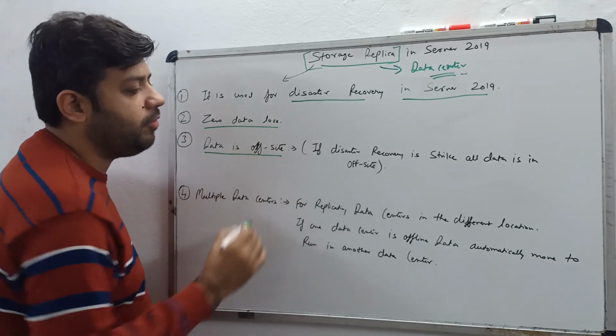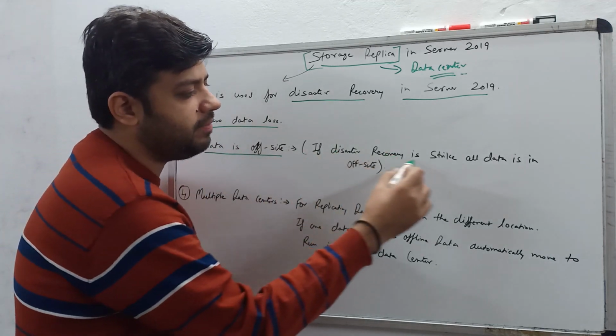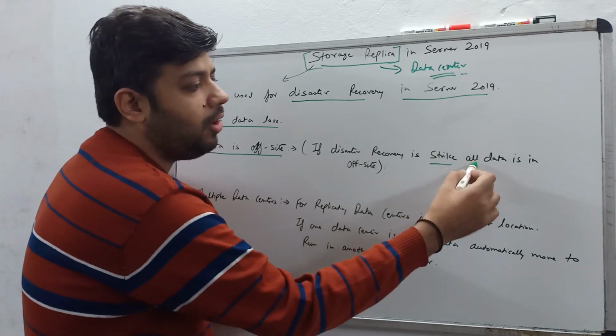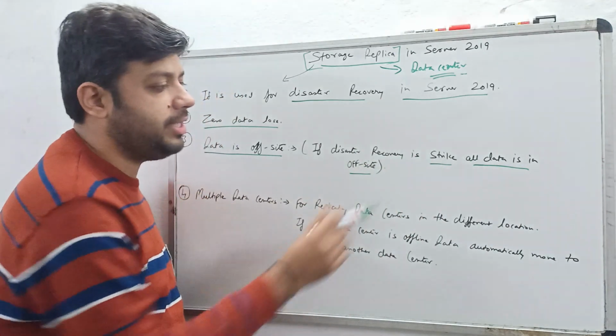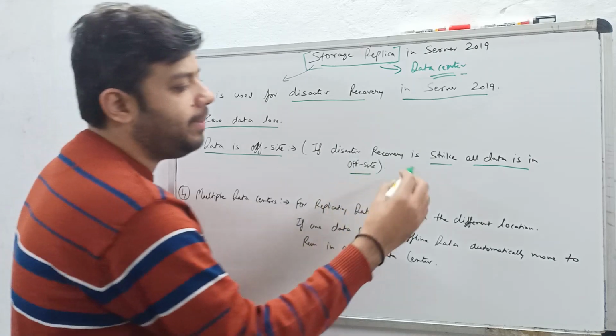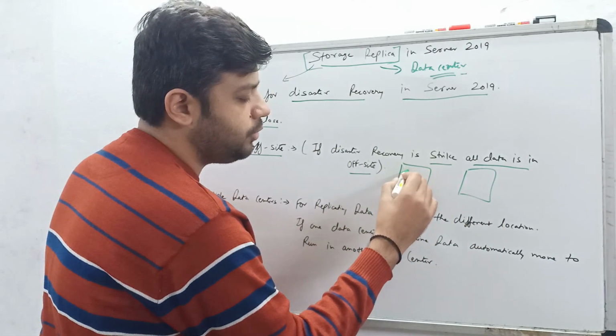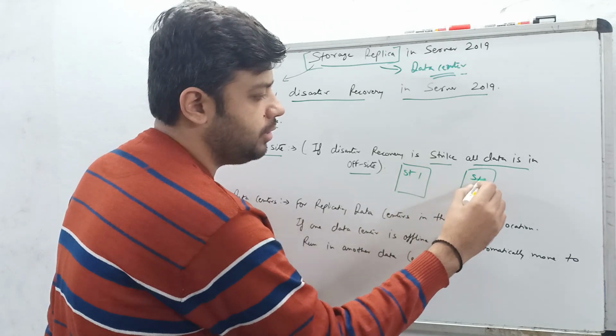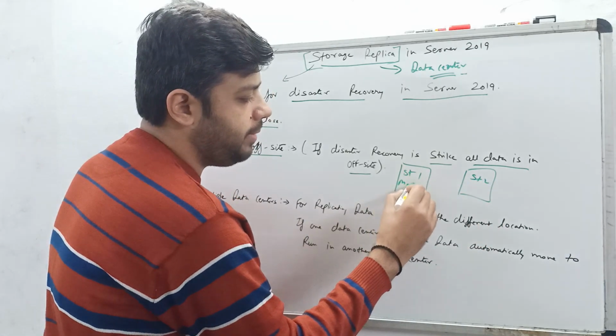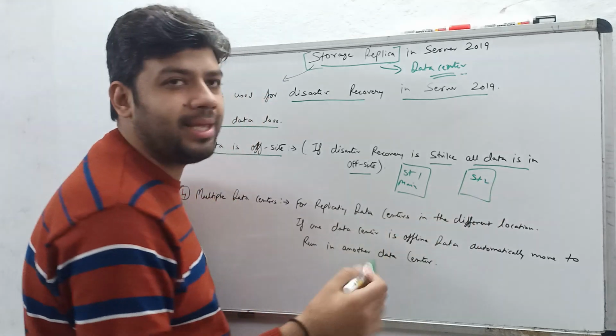Data is offsite. Now, what is the meaning of data is offsite? If disaster recovery strikes or occurs, all data is offsite. Imagine that we have two storages. This is my main storage, storage 1, and this is storage number 2, my other location.